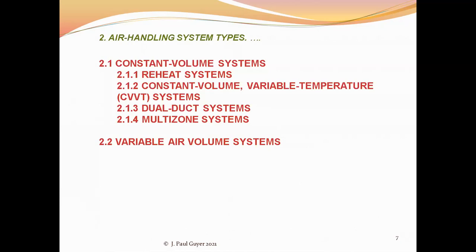So the temperature in individual spaces can be controlled with a constant volume reheat system with an electric resistance heater. This is a substantially inefficient system because you're using energy to cool the air down to a temperature that is colder than it needs to be.